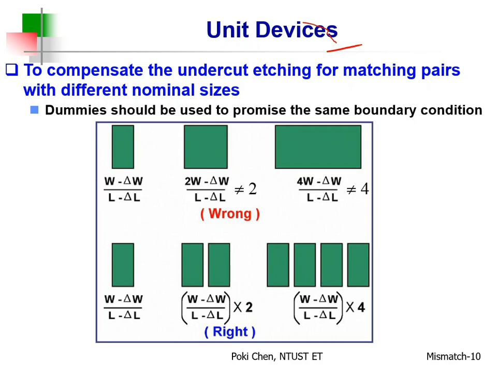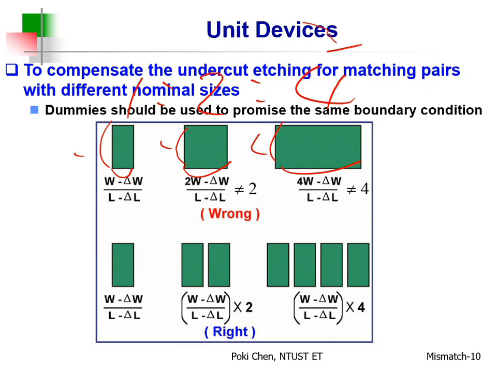For example, you need to have capacitor 1 to 2 to 4, right? And for the students, usually they will think, 1 to 2 to 4, very simple. You have the same length, right? But according to width, 1W, 2W, 4W, that's it, right?